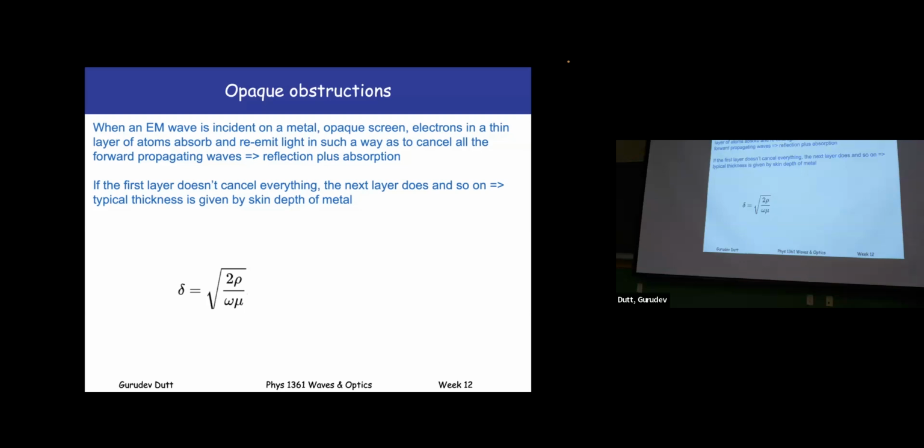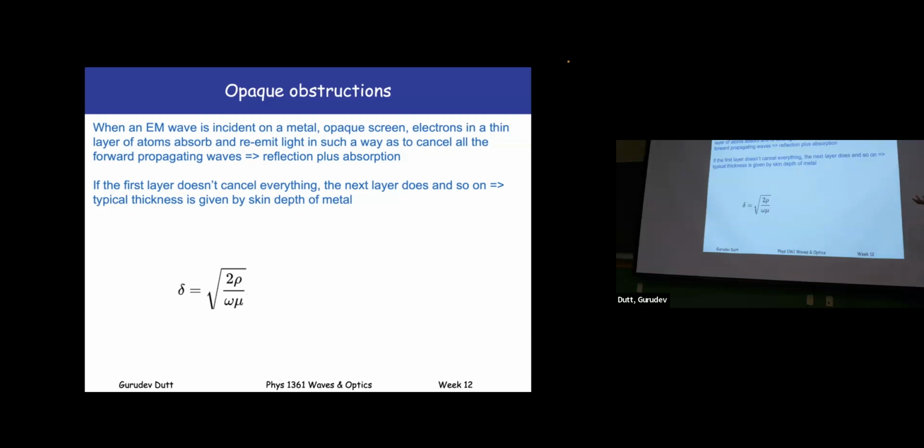So I wanted to convey it to you also: when an electromagnetic wave is incident on a metal or opaque screen, the electrons in a thin layer of atoms are absorbing and re-emitting the light. This is just the same picture we had when we talked about the refractive index. There's a layer of atoms right at the interface, basically responding to the electric field, and the electrons are shaking up and down and scattering the light.